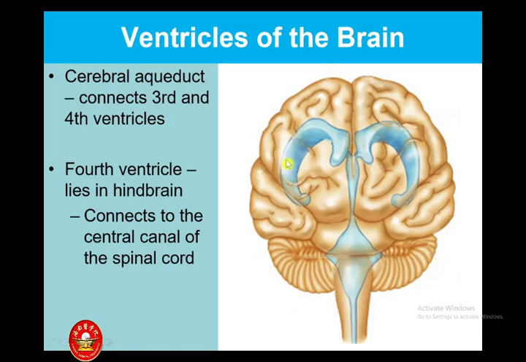In this view we can see both sides, the lateral ventricles, here the third ventricle, and here the fourth ventricle.